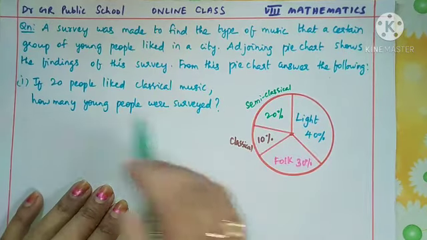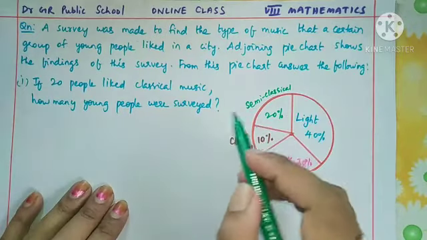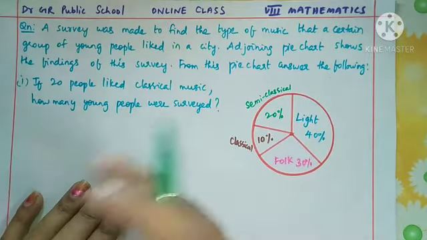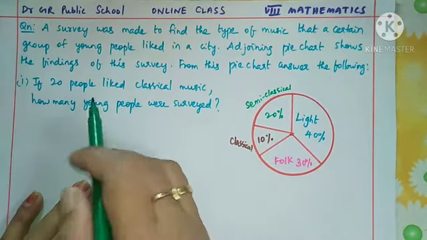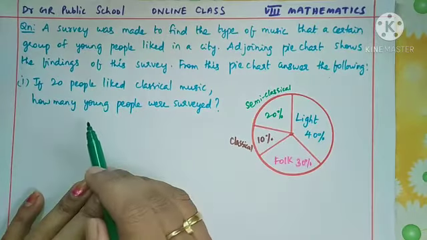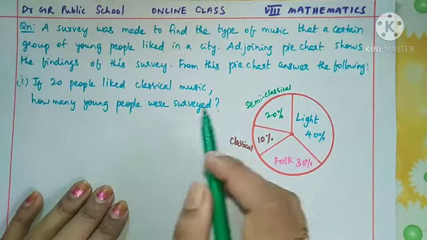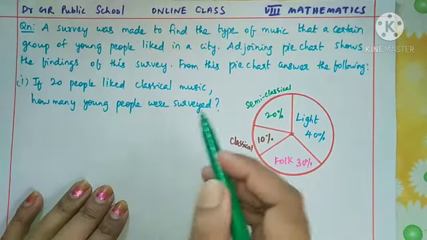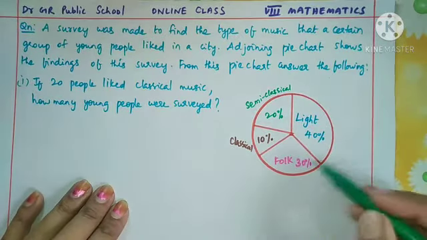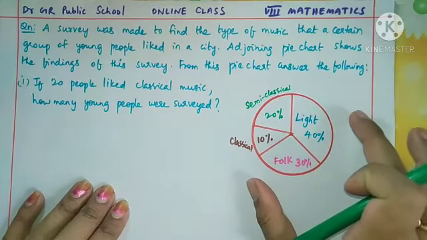And among a group of people, we don't know how many people came under this survey, and in that study we got some information about the different types of music liked by different people, and that is shown in this pie chart. So this data we can get from the pie chart.